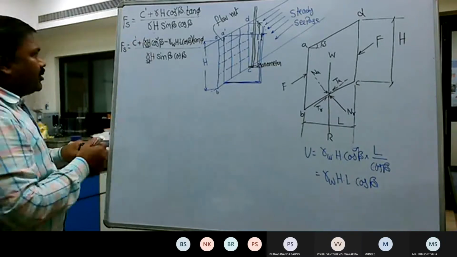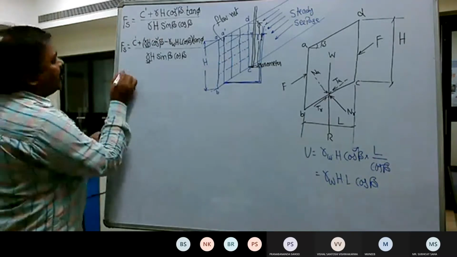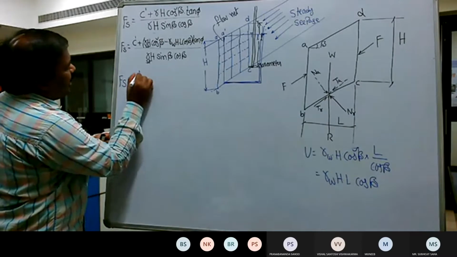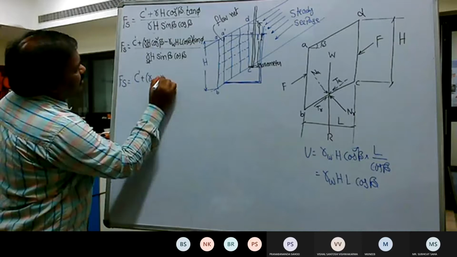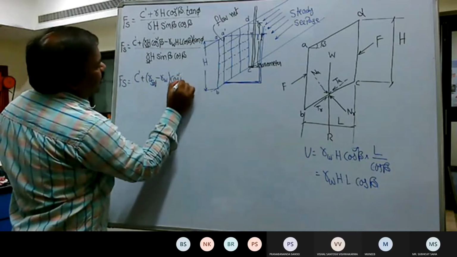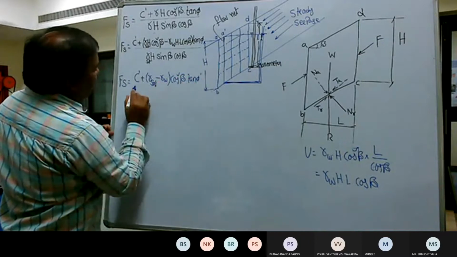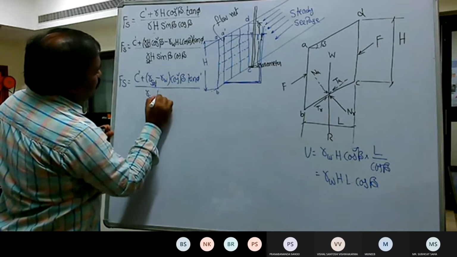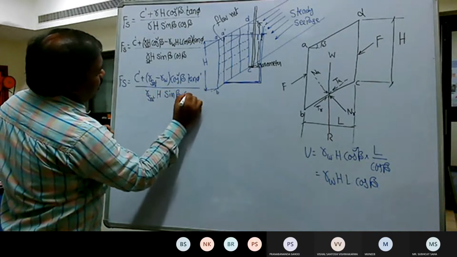Just check it. Suppose you take everything in terms of either force or stress, then the final form of the equation is: factor of safety equals C dash plus gamma sat minus gamma W into cos square beta into tan phi dash, divided by gamma sat into H into sin beta and cos beta.